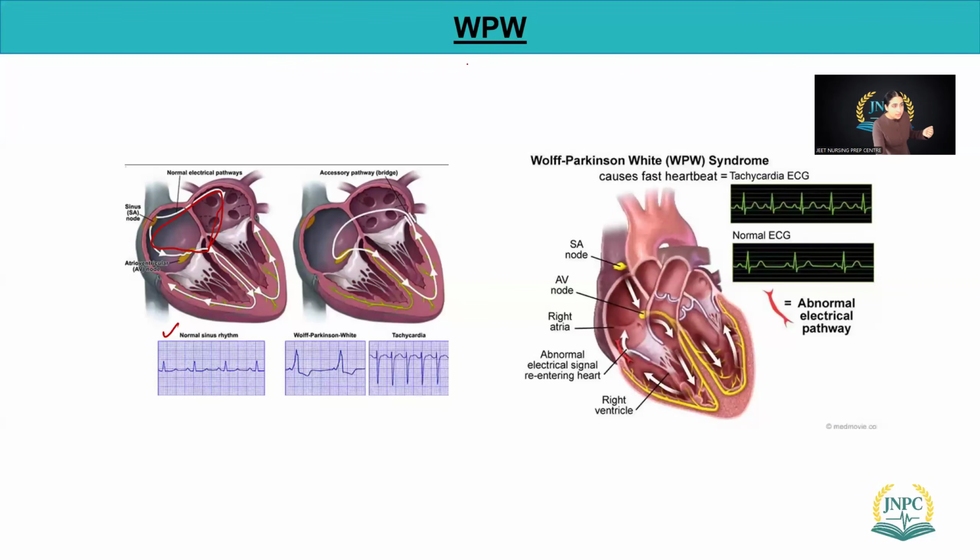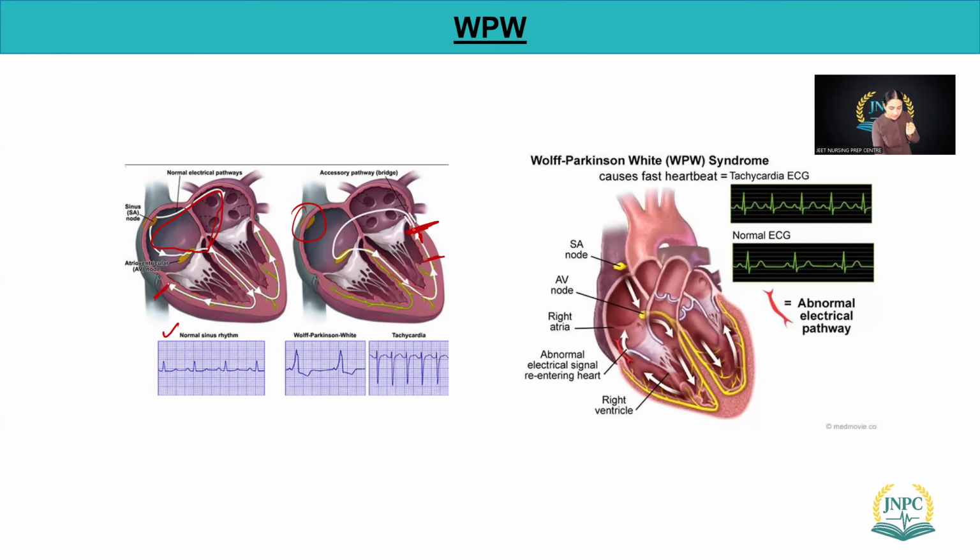But in WPW, the normal pathway is bypassed. Okay, so there is an abnormal circuit, and that is coming back and forth, back and forth. That AV node is firing, and ventricles are depolarizing very fast. And then again, it is not going through the normal pathway. The Purkinje fibers should do their maximum workload, and it should maybe eliminate somewhere here, right?